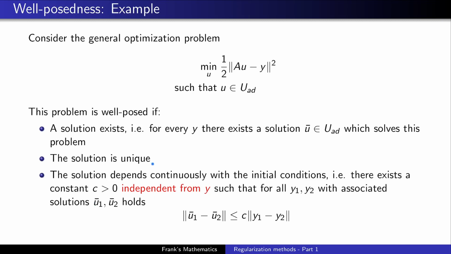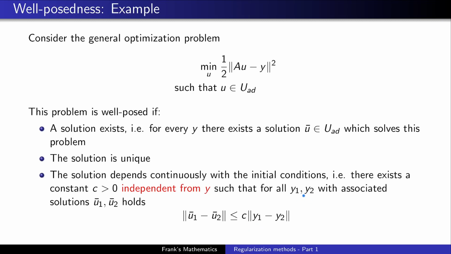And we say that the solution depends continuously on the initial conditions if the difference between the controls, so the solutions of the optimization problem, bar U1 minus bar U2 in a norm, is less or equal than a constant multiplied by the difference between our given states.